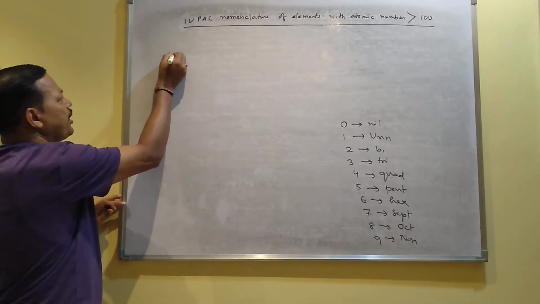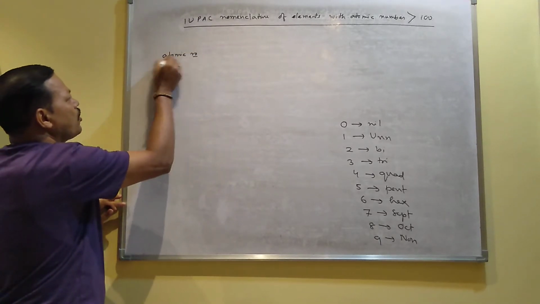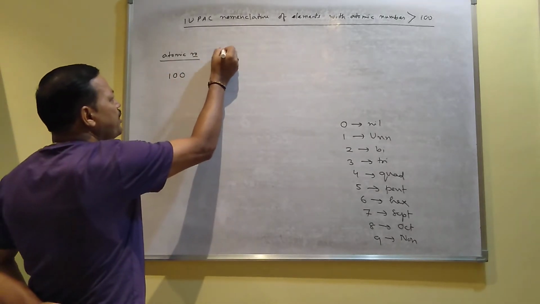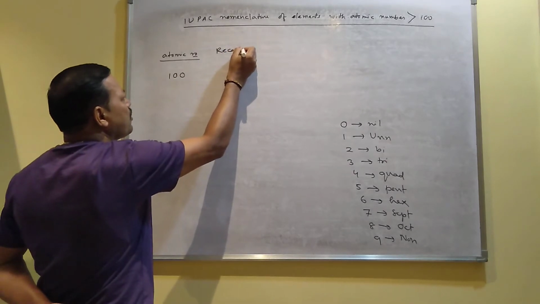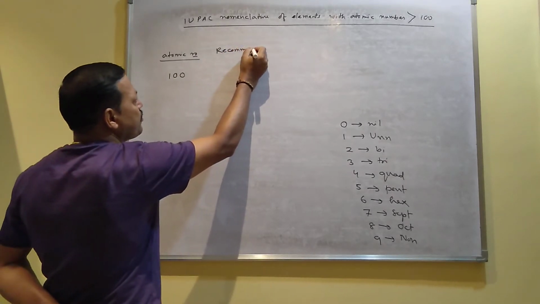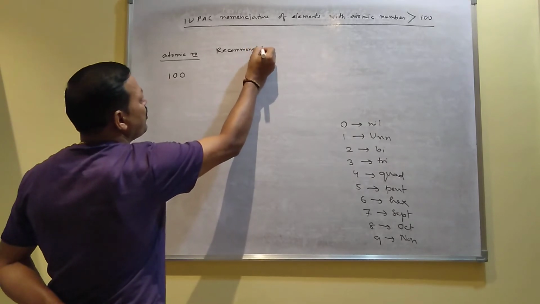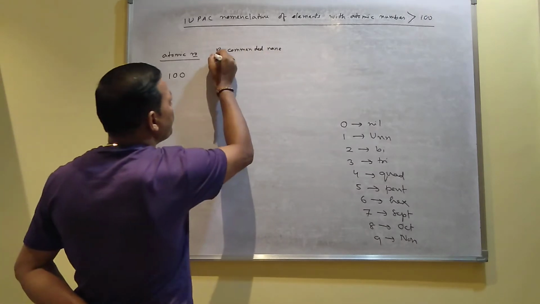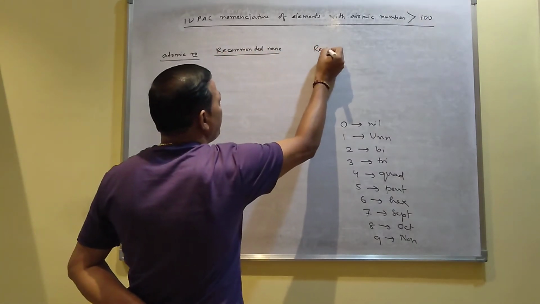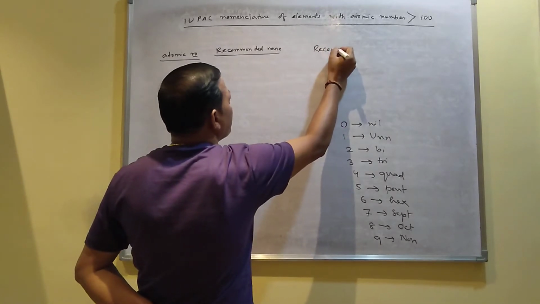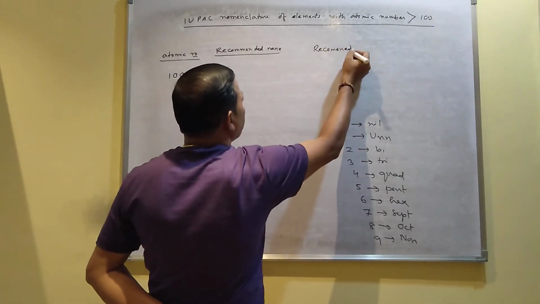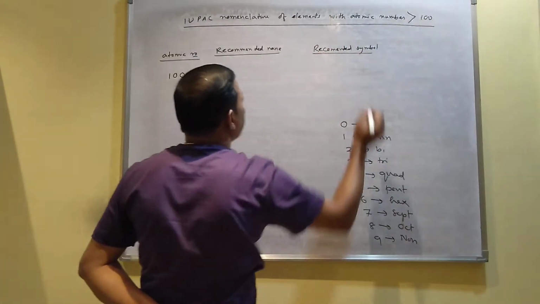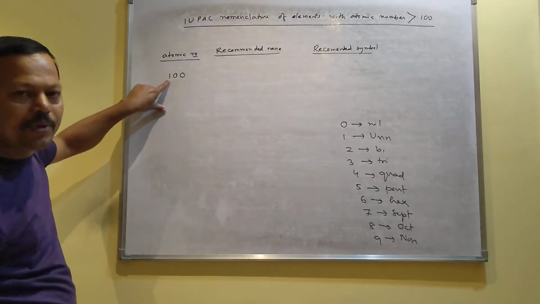So suppose the atomic number of an element is 100. If you want to write the recommended name and recommended symbol, what is the atomic number? 100.